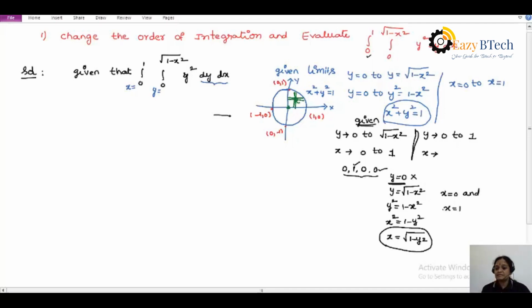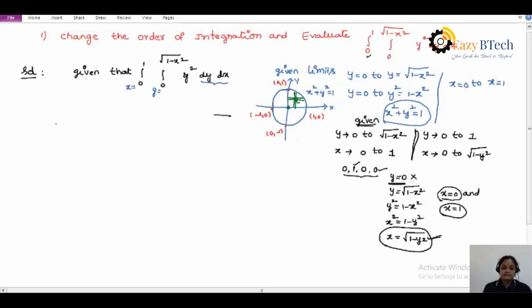So again using x limits only, we are finding x limits here. Then x is equal to 0 is one value and x is equal to 1 is another value. We know one limit is root of 1 minus y square. So according to these values 0 and 1, 0 is the minimum value. Then x limits become 0 to root of 1 minus y square.